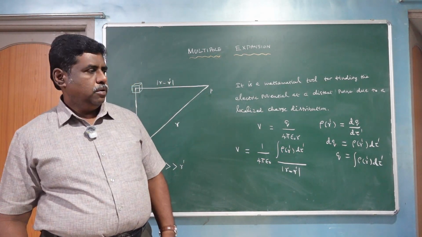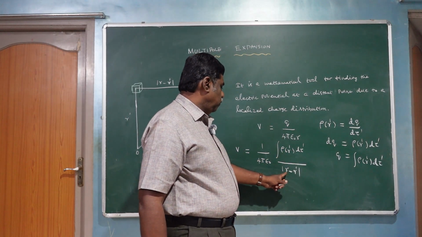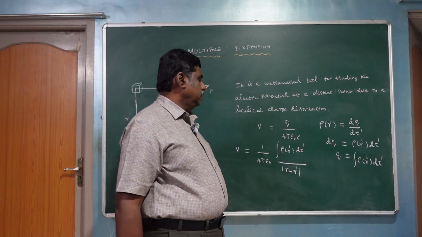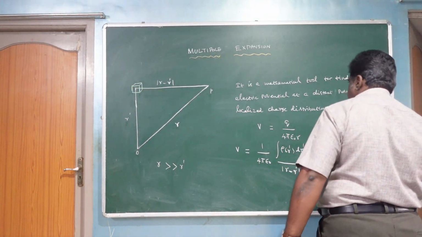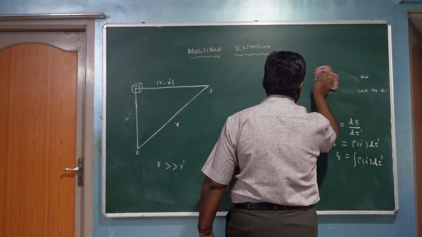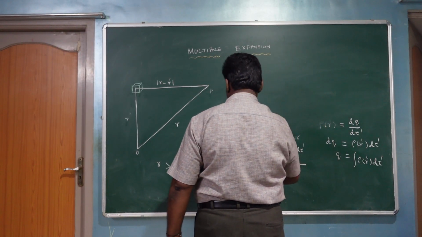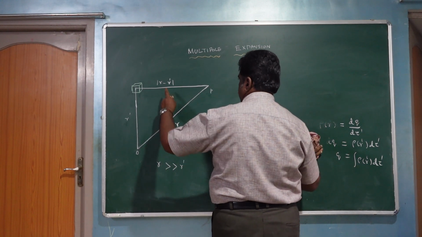formula for potential. Now, we have to find out the value of 1 divided by modulus of r minus r dash. For that, we have to consider the cosine rule. These two sides are known to you.